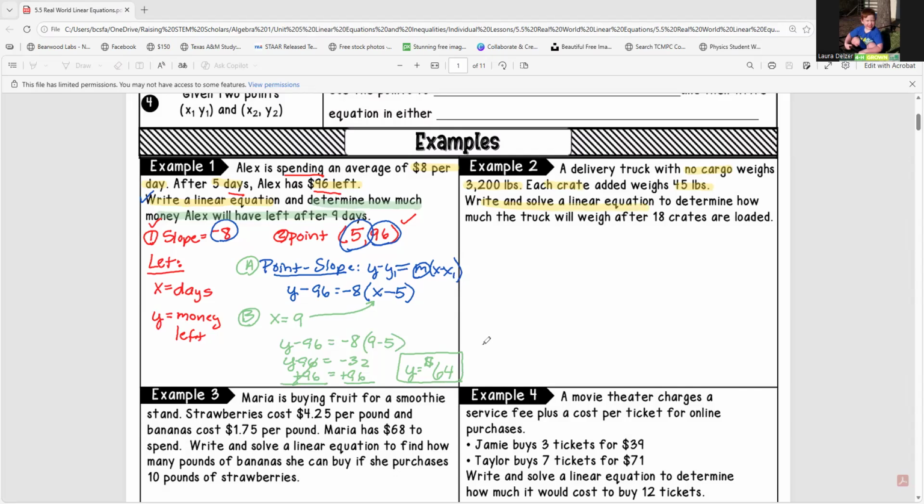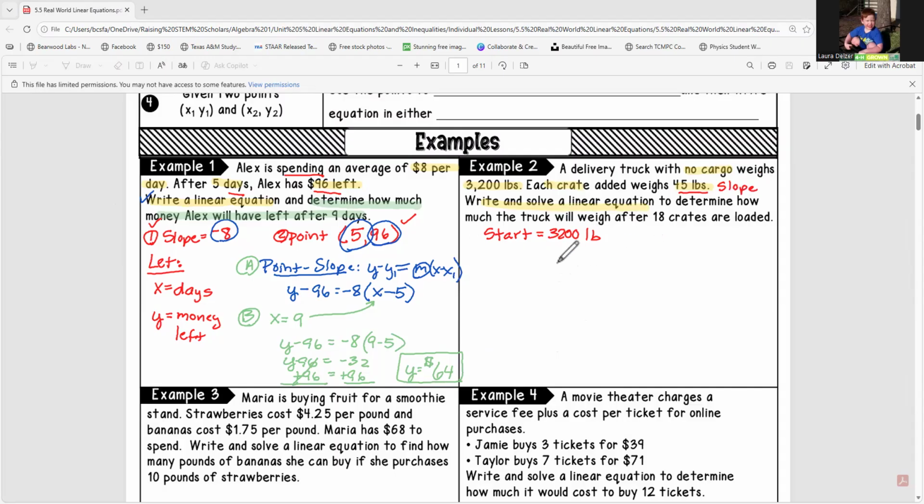We're going to write our equation. And so I'm going to write down what is important here. I know that my start is 3,200 pounds. And I know each crate weighs 45 pounds. That sounds like a slope because there was no other number given with it.